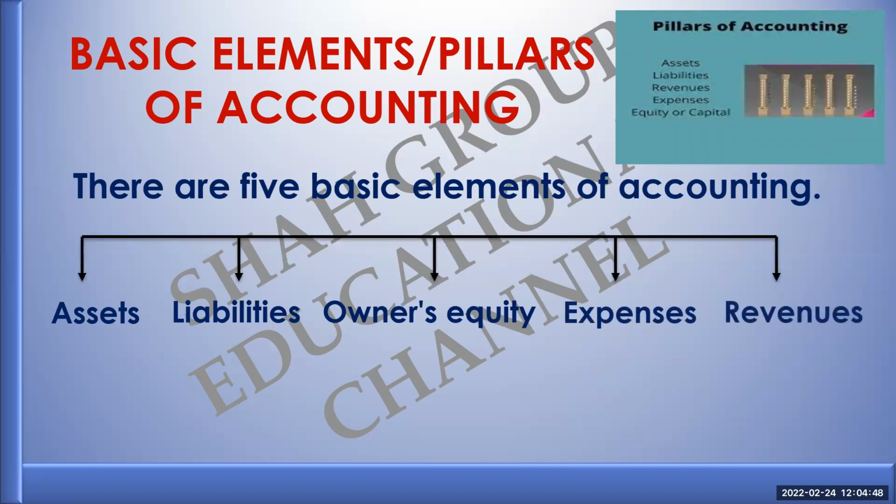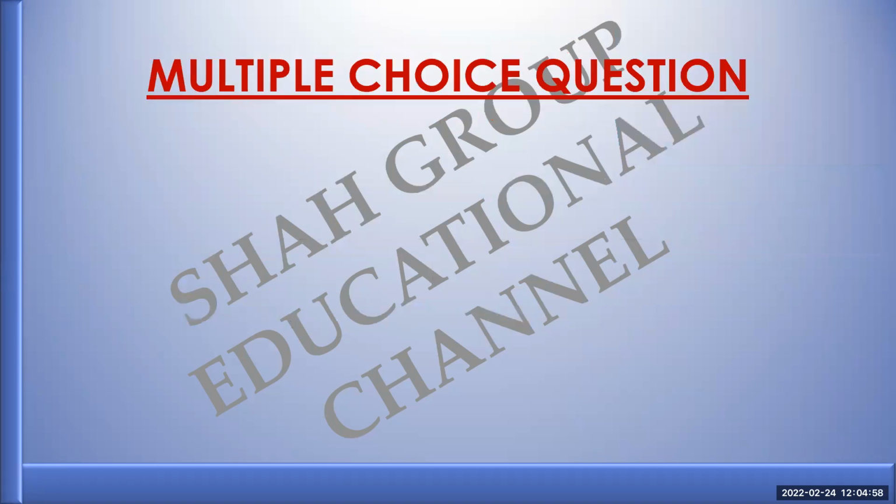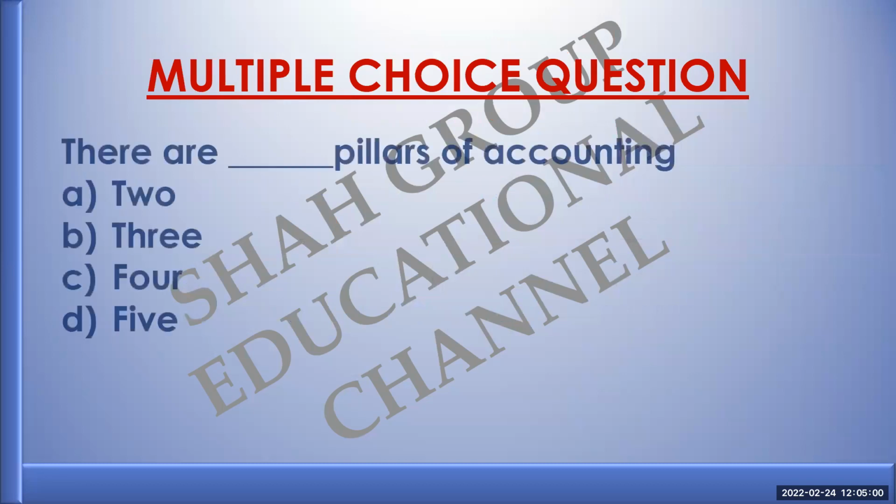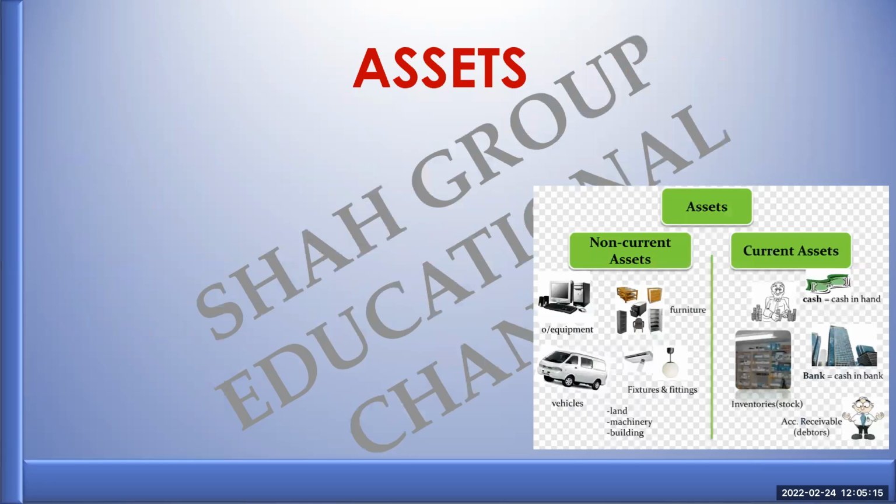Let's have a MCQ. There are dash pillars of accounting. Options are 2, 3, 4, or 5. Yes, you know very well there are 5 pillars of accounting. Okay beta, let's move on.